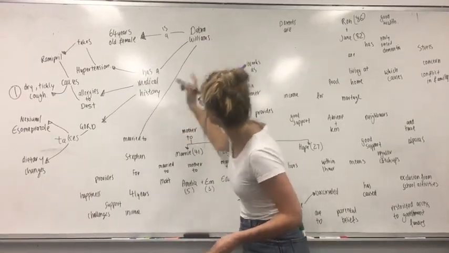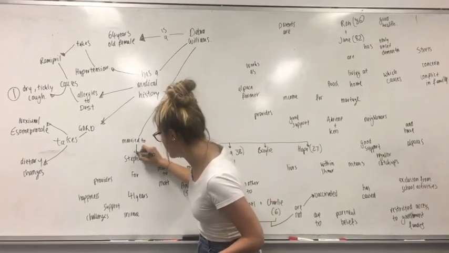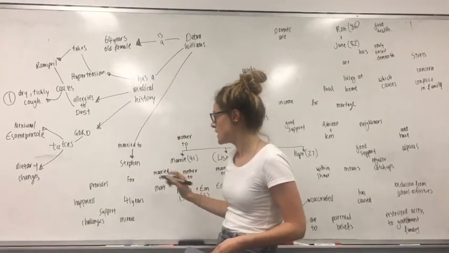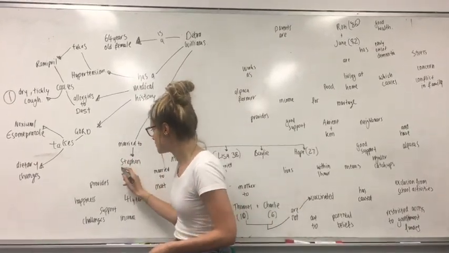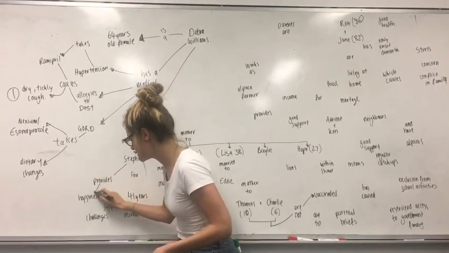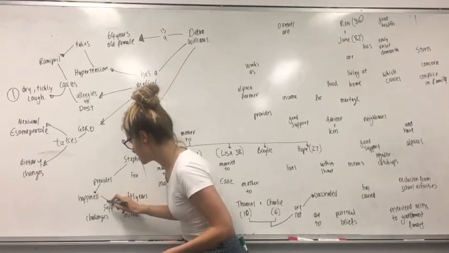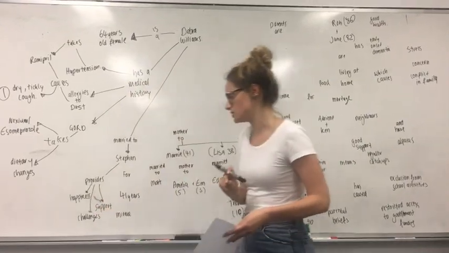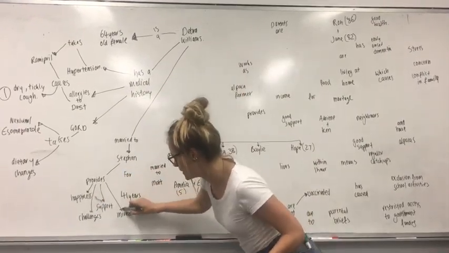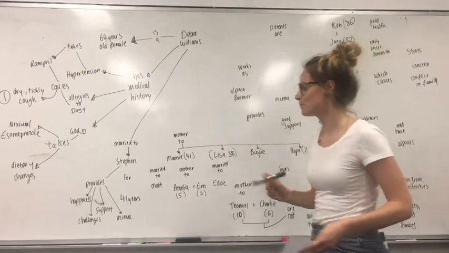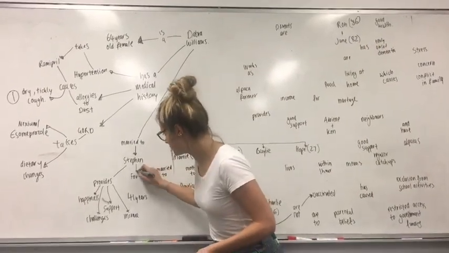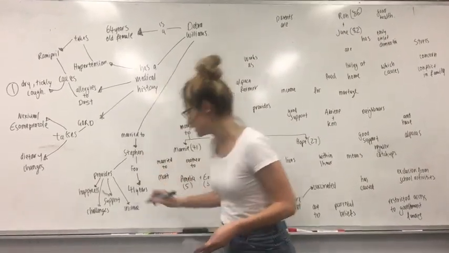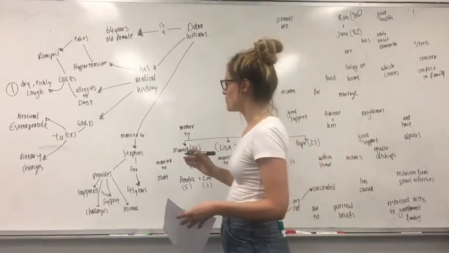So we know that Deborah is married to Stephen, yeah? And Stephen provides happiness, support, but also some challenges. And he provides the moolah, some income. So she's been married to Stephen for 41 years. So a while.